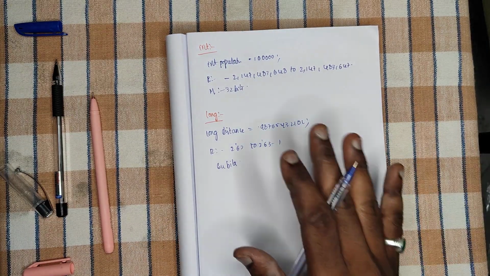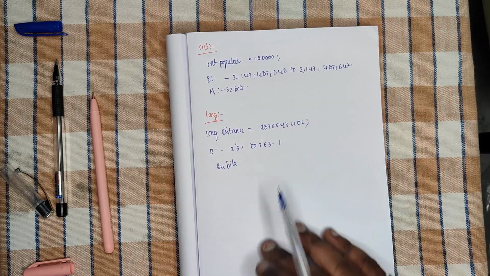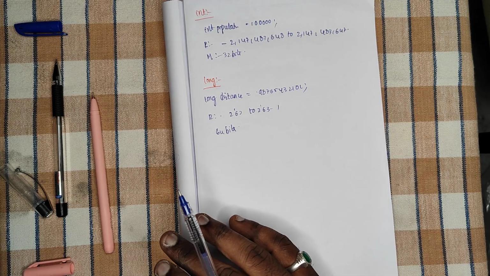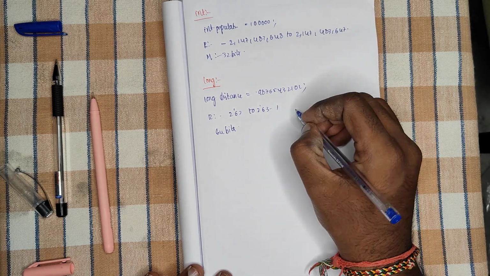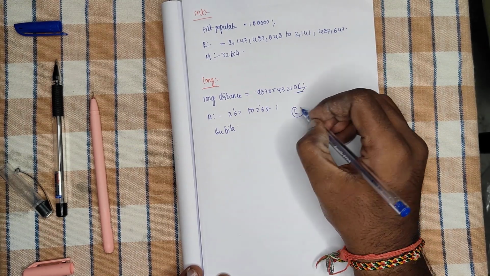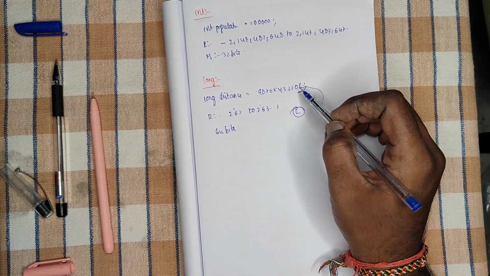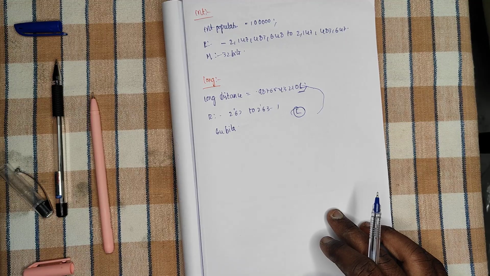You have to write the range in the examination if they ask. An important thing: when using a large integer literal as long, we commonly add L. Example: long population is equal to 98 something L. So this is important to remember.